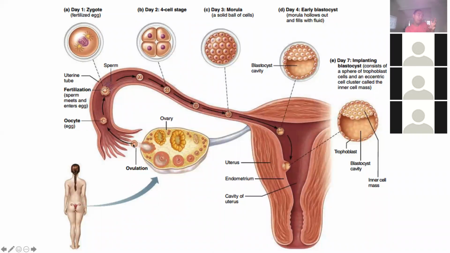And then this little ovum will be caught by the fimbriae of the fallopian tube. These finger-like structures will go and trap the ovulated little ovum and bring it into the fallopian tube.